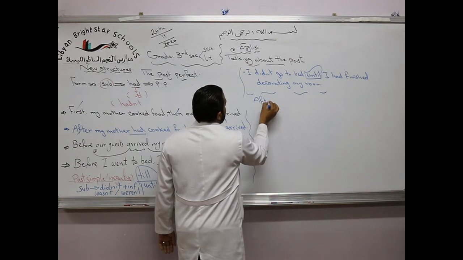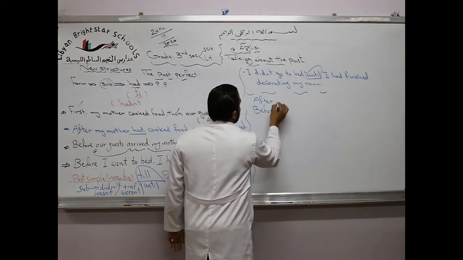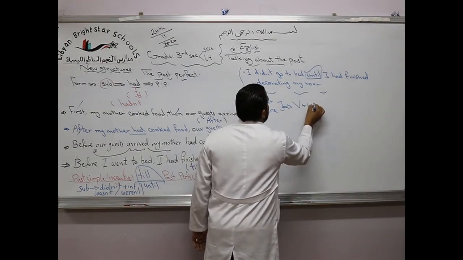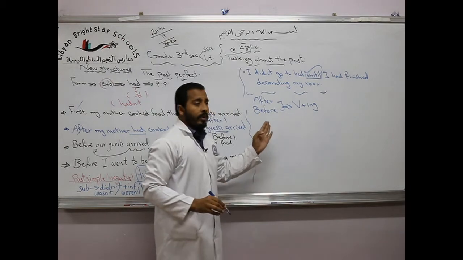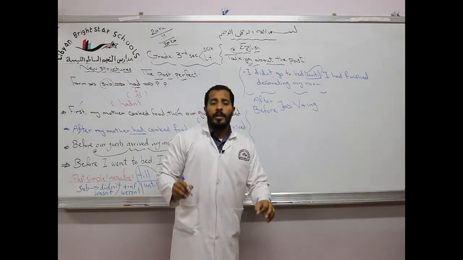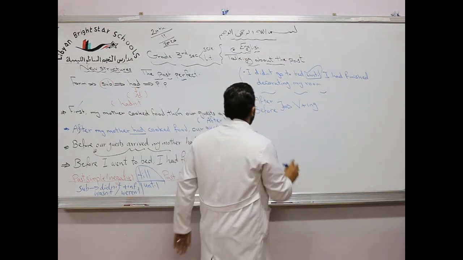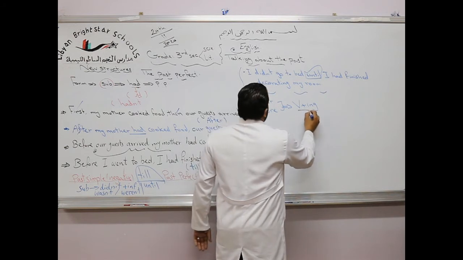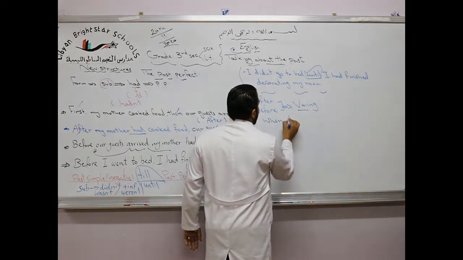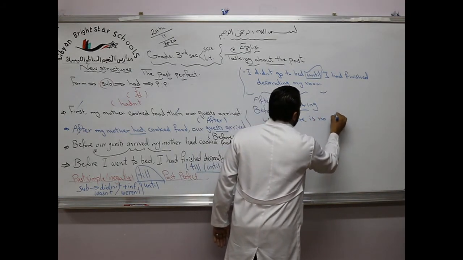After and before can also be followed by verb ing. After and before are prepositions. So when a verb comes directly after a preposition, it's usually in the ing form. So after and before are followed by verb ing when there is no subject.